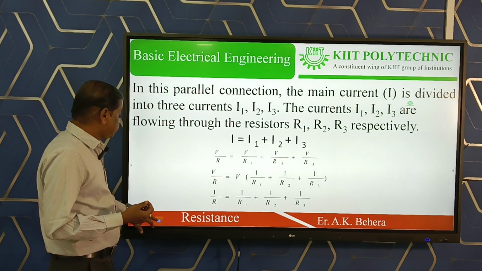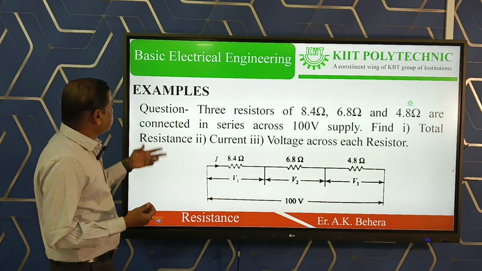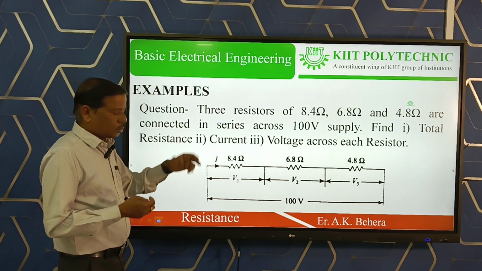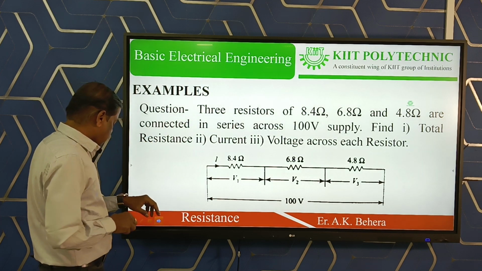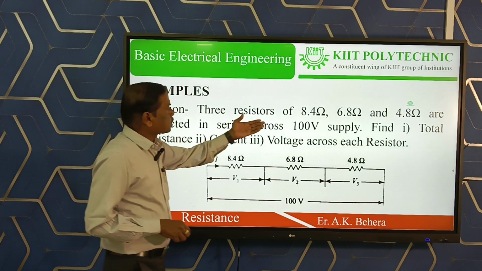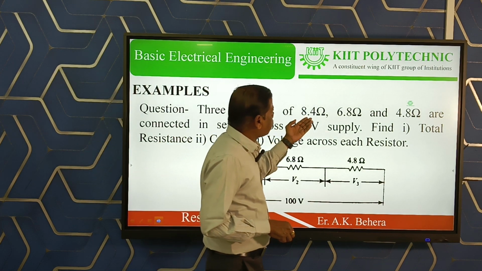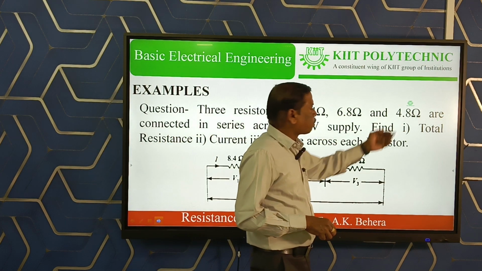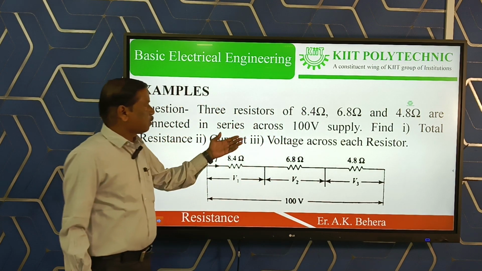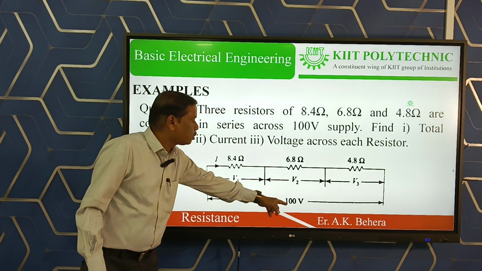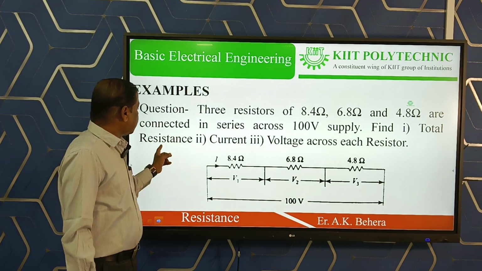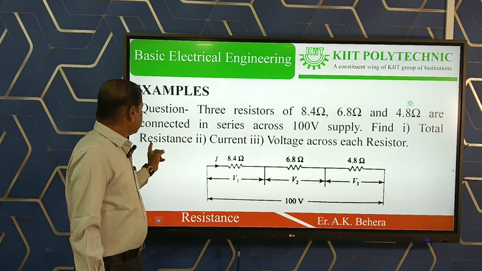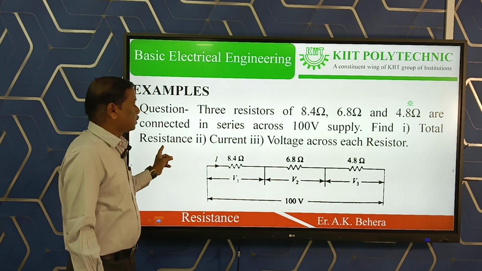And so if you want to solve a problem: three resistors of 8.4 ohm, 6.8 ohm and 4.8 ohm are connected across a 100 volt supply. What is asked is to find the current and the total resistance.